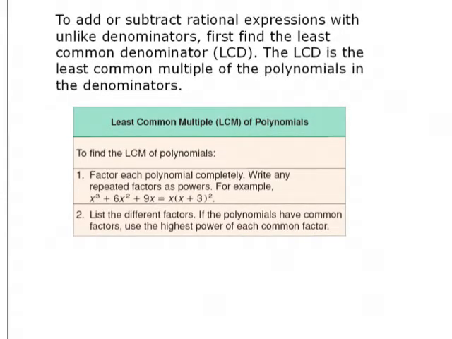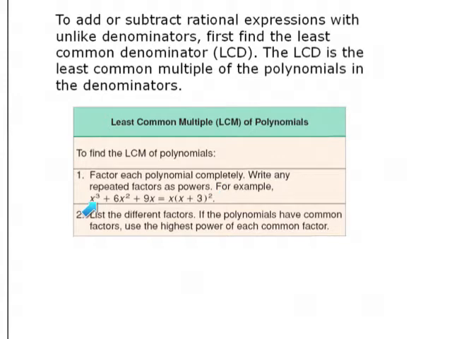Today we're going to review just a little bit more, and we need to review the LCM, the least common multiple. Just to remember, to find the least common multiple, here's what you needed to do. Step number 1, you needed to factor each polynomial completely.